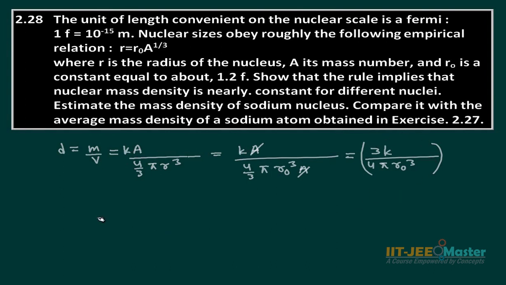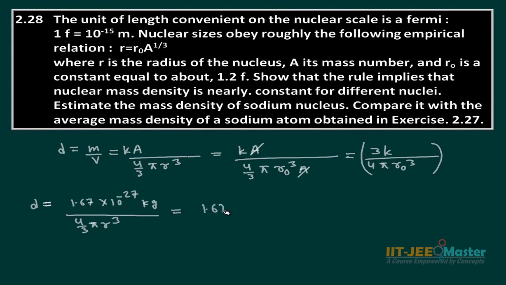To find density in proper units, we have to find the density of a nucleus having one atomic mass number. That is, one atomic mass unit is of the weight 1.67 into 10 to the power minus 27 kg, divided by 4 by 3 pi r cube. If we use A, the k will be 1.67 into 10 to the power minus 27 kg.